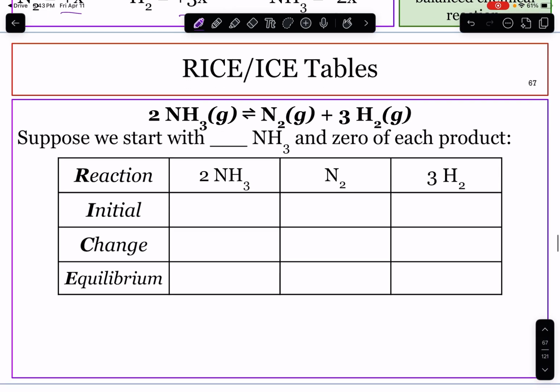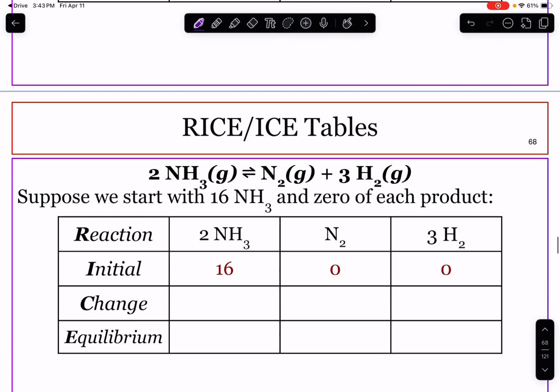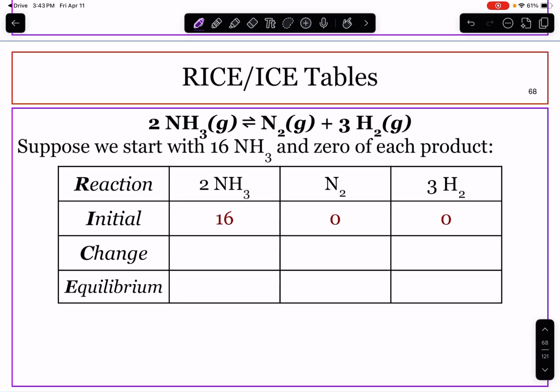So let's start with an example. Suppose we start out with 16 molecules of NH3 and 0 of each product. We're going to use a RICE table or ICE table: reaction, initial, change, and equilibrium. The initial value is the initial value we have of each. In this example, we have 16 NH3, 0 of each of the products.